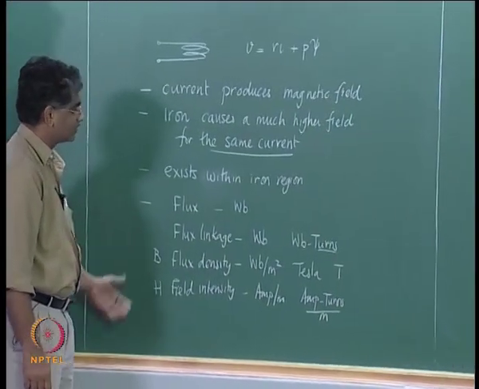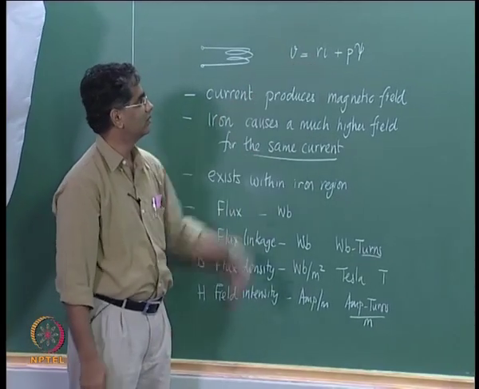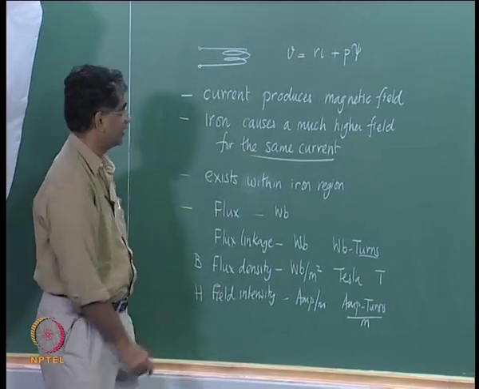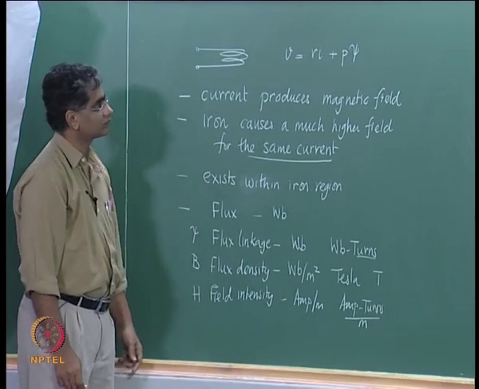So, with all these known, you write down this equation V equal to Ri plus P psi, where psi is the flux linkage.